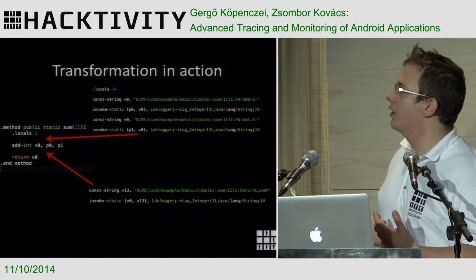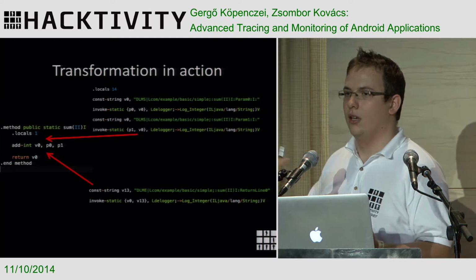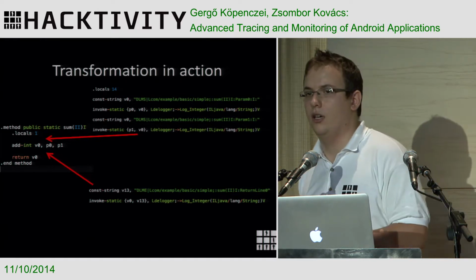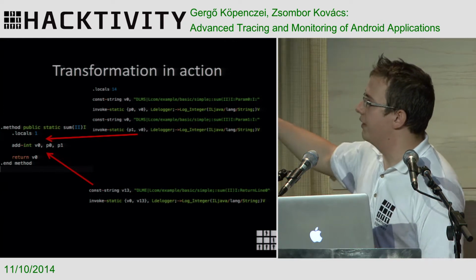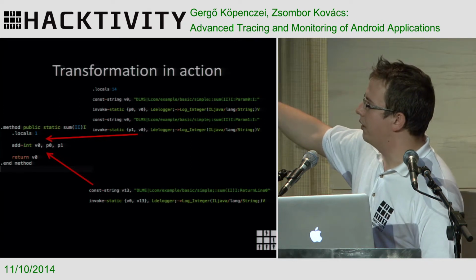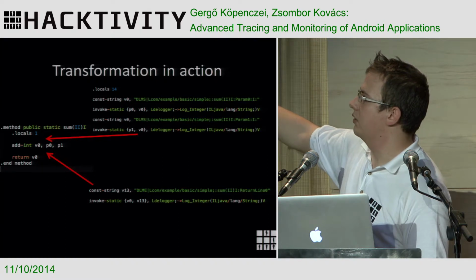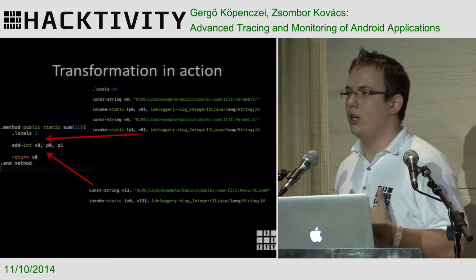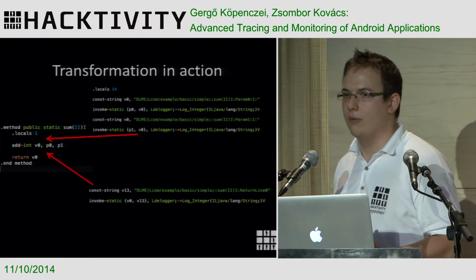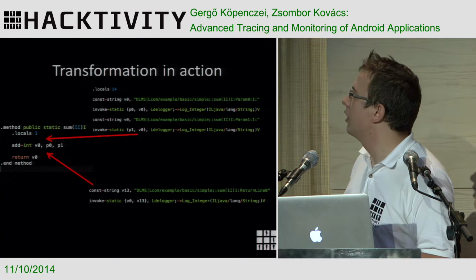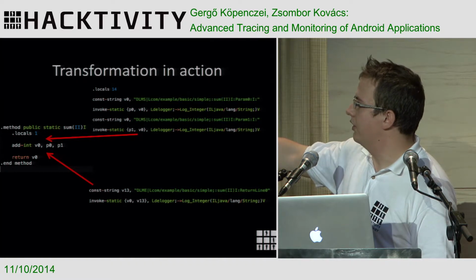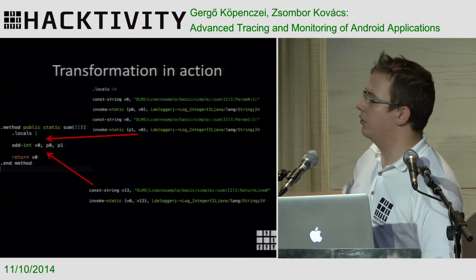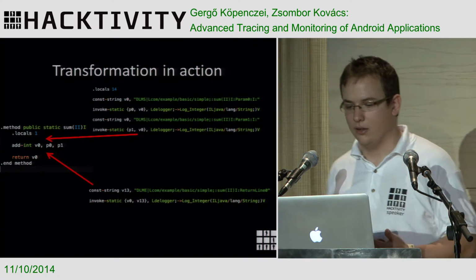So whenever the function is called, we put the parameter with the log tag to the system log. At the beginning, we use v13 because that wasn't in the code originally, so changing it doesn't cause any harm in the application. And then we use v13 and v0, which is the return value here, to log the return value of the method.